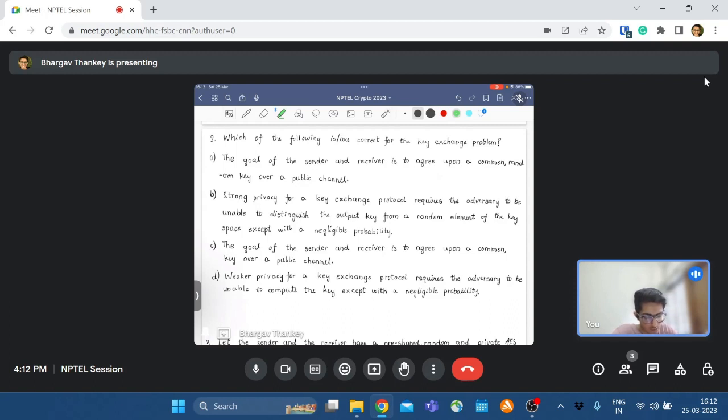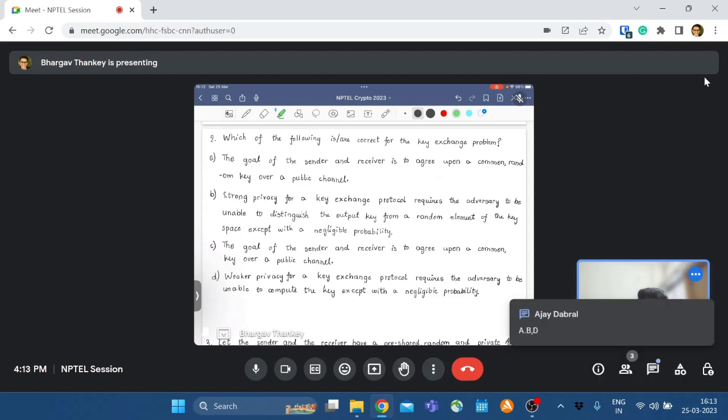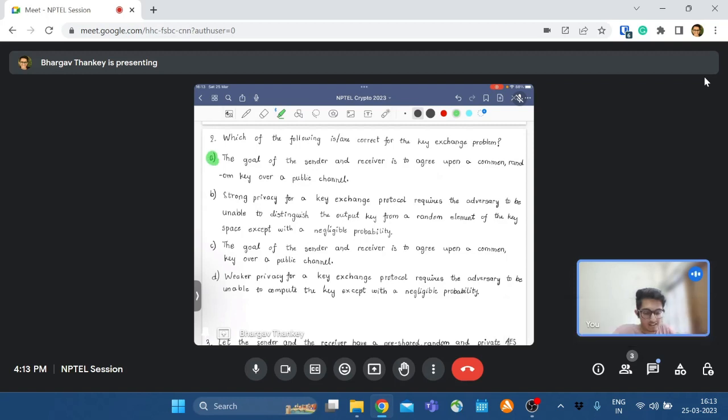Okay, so let's go over all the options. Option A is the goal of the sender and the receiver is to agree upon a common random key over a public channel. Yes, A, B, and D are correct. This is indeed the goal of the key exchange problem. The sender and the receiver want to agree upon a common random key, but they don't have a secure channel to do it.